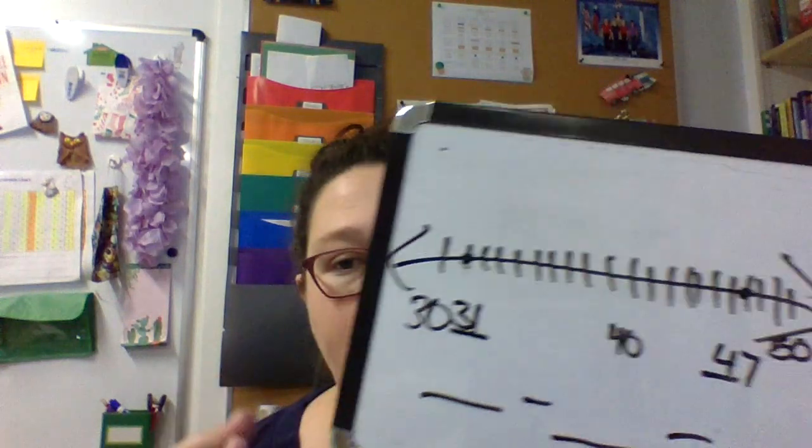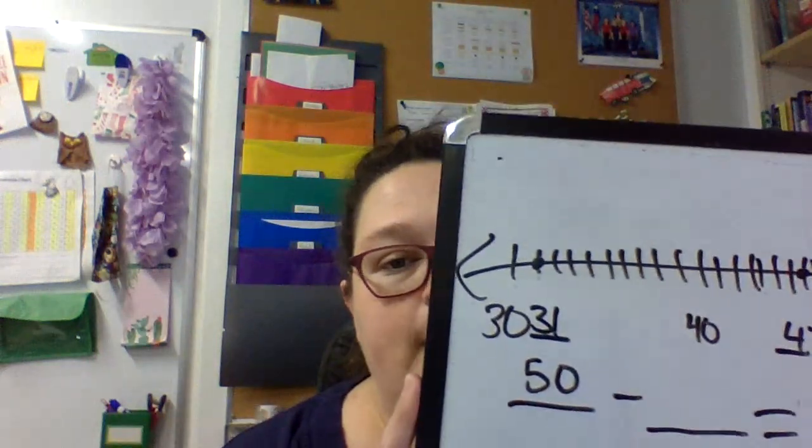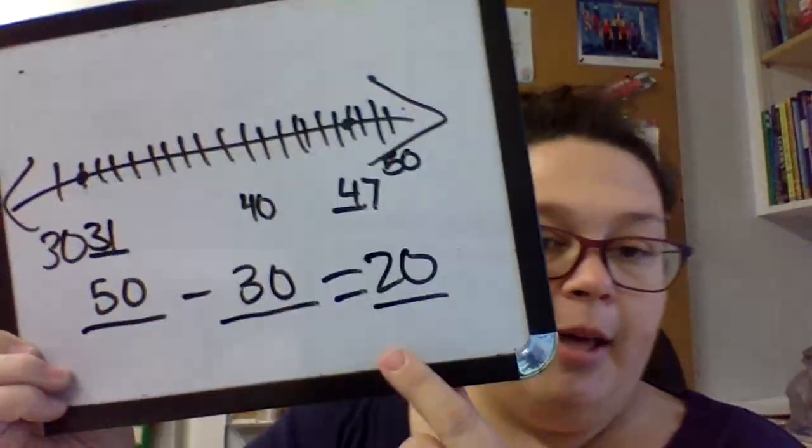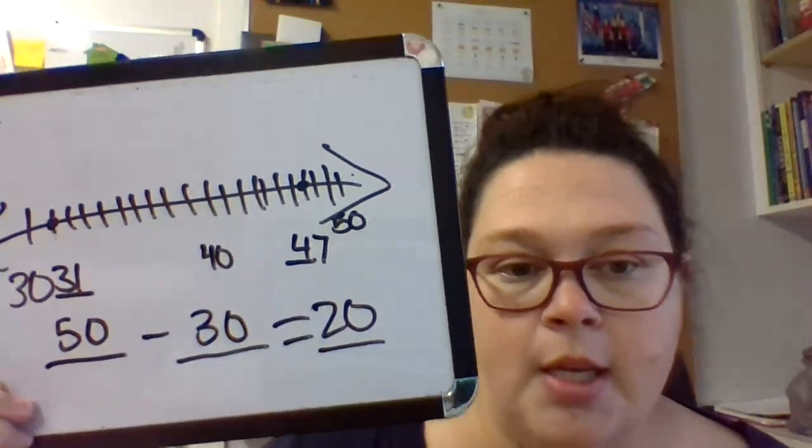So is 47 closer to 50 or 40? I hope you said 50. So 50. And then 31, is that closer to 30 or 40? And the answer is 30. So 50 subtract 30. How many have they done? They've done about 20 cars. They have about 20 left. So that's what you're going to do.